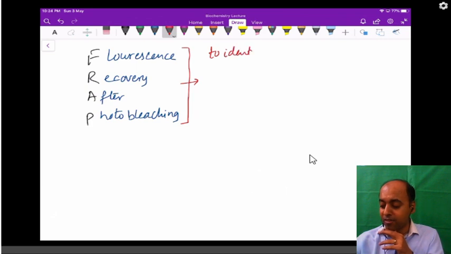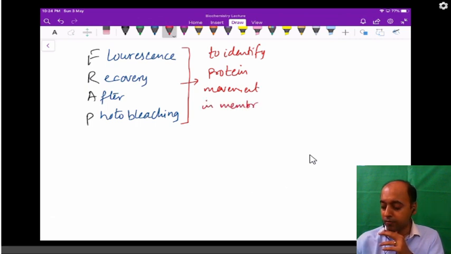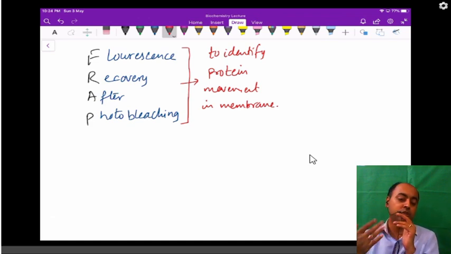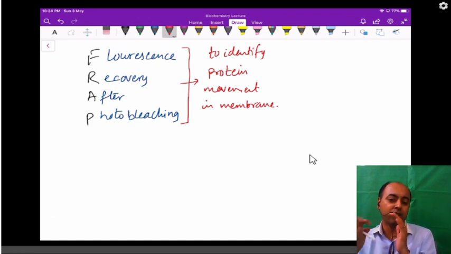To identify protein movement in membrane. In this way, we are able to demarcate which are the integral proteins and which are the soluble proteins, because the integral protein will generally not move, it will remain fixed at a particular location, but the soluble proteins are generally liable to move along the cell membrane. So that is the FRAP.